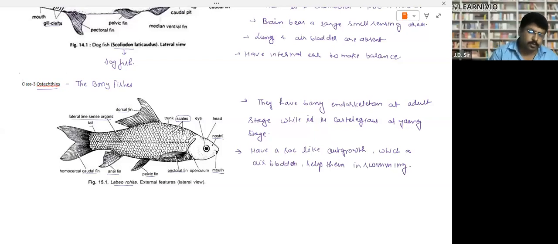You must have seen at your aquarium, they generally have an air bladder-like structure which helps them in swimming, right?